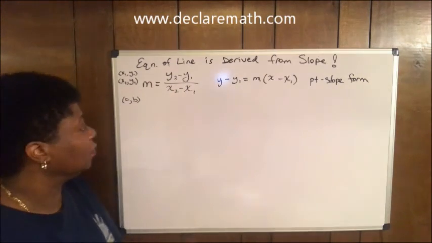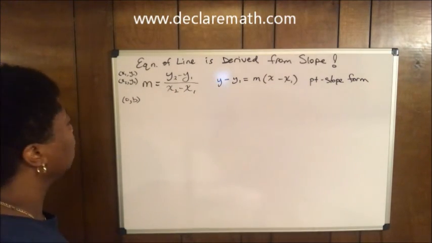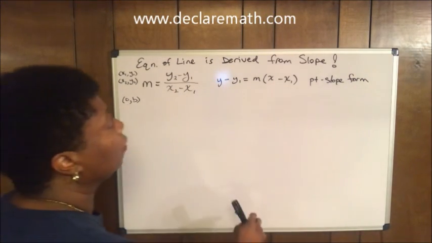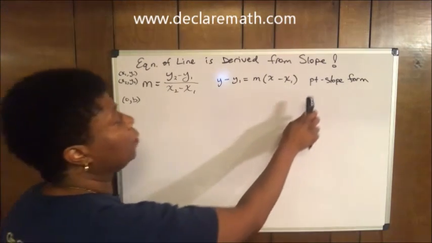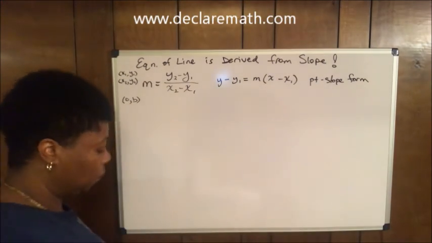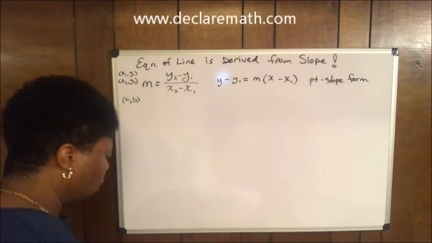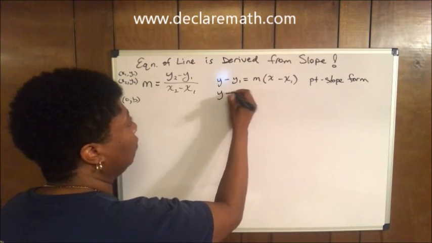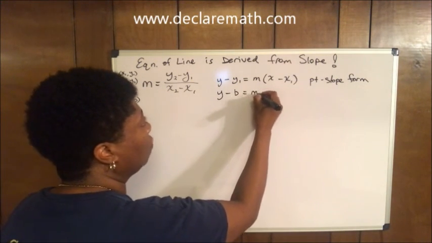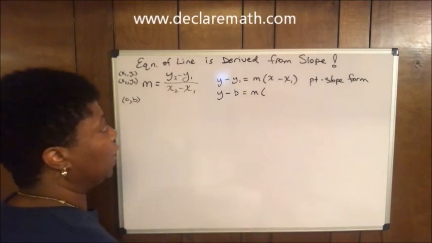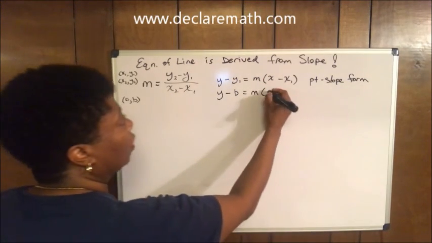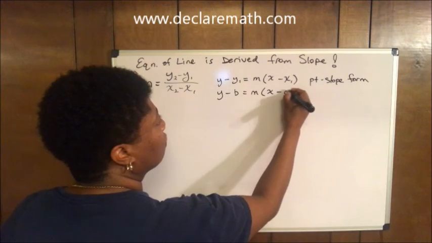Okay, that's all. So if we take this point here and we plug it into the point slope form, we get y minus b equals the slope times x minus 0.